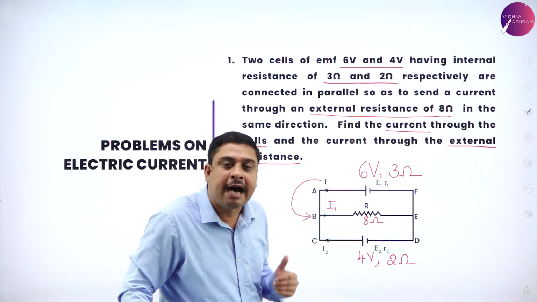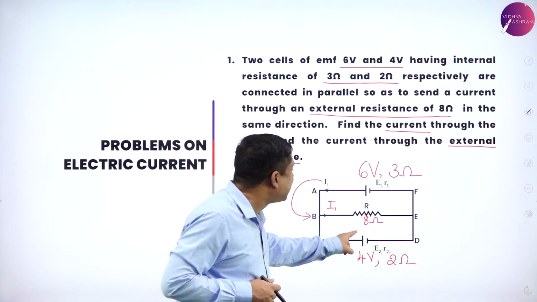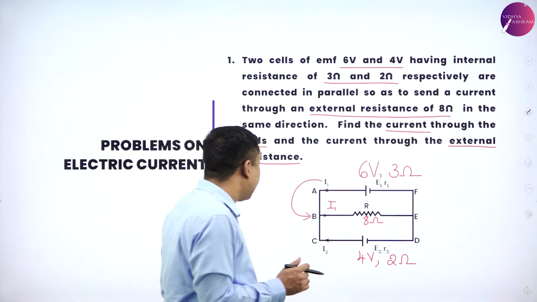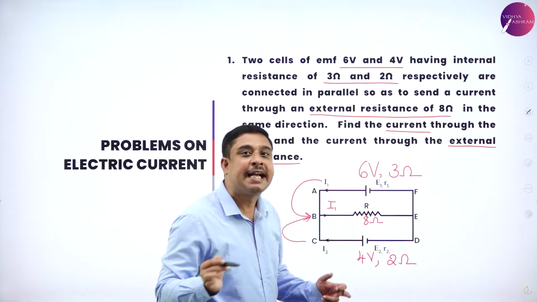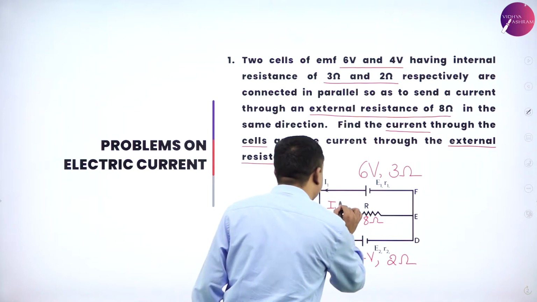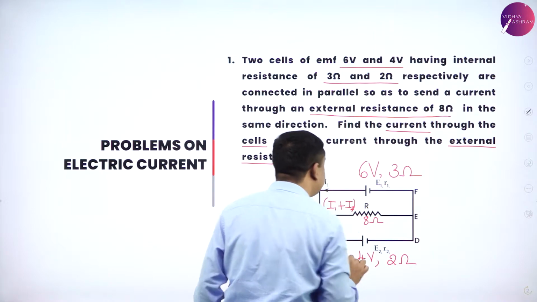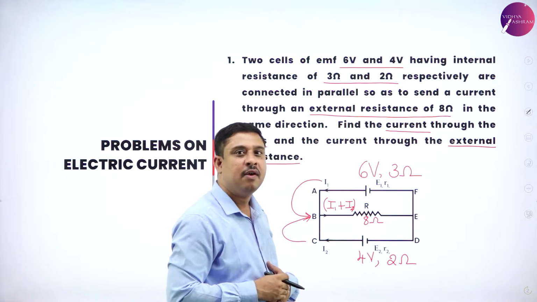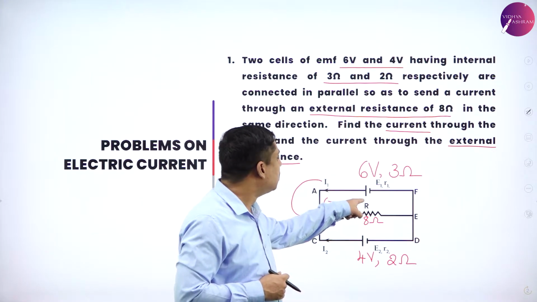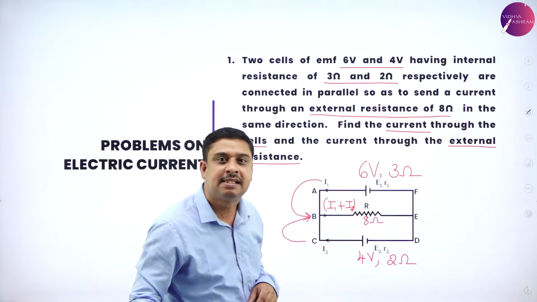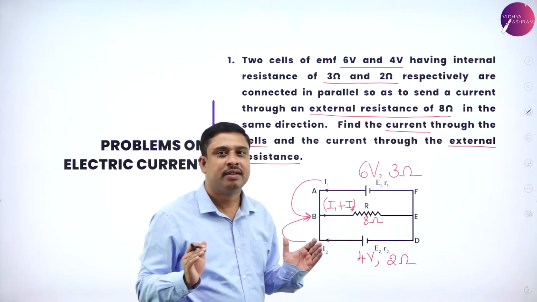It is the current which is sent by the second cell. Again, it is entering the node B. Again, I2 is positive. So I1 plus I2 will be the current flowing through the resistance R. So what is that I have to find out?